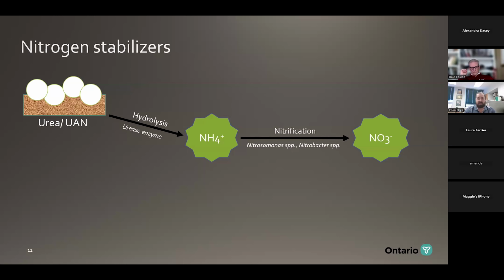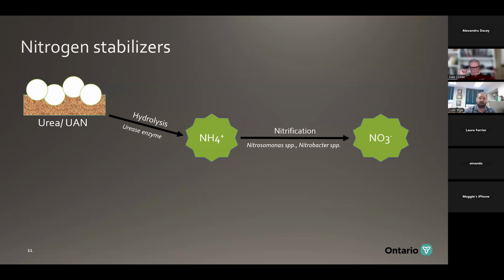So once it hits the soil from a broadcast or injected application, it goes through hydrolysis, which urease enzyme will change into ammonium. And that ammonium by itself is a plant available nutrient, so plants can take it up.